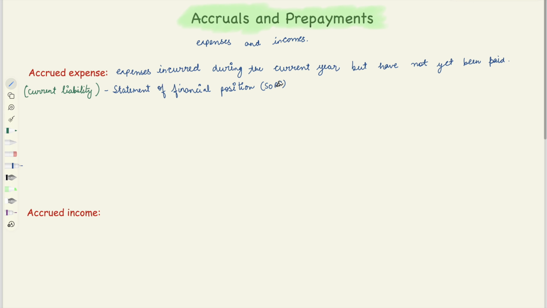Coming on to the statement of profit or loss, how do I show it there? As it is a liability, there will be two things: opening accruals and closing accruals.